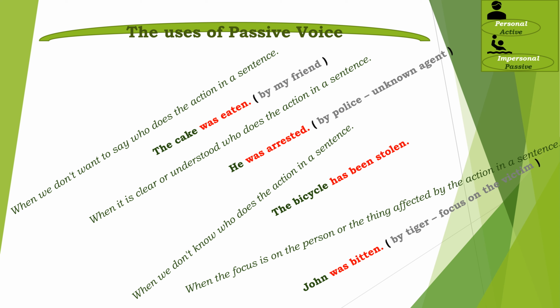Now, in this sentence, the focus is on the victim. And who was the victim? John. It is not important to discuss who bit John, since the focus is on the victim, that John was bitten. So when the focus is on the person or the thing affected, we use passive voice.